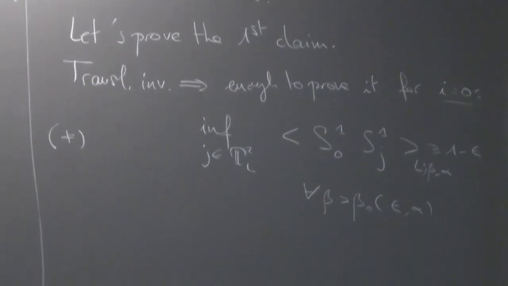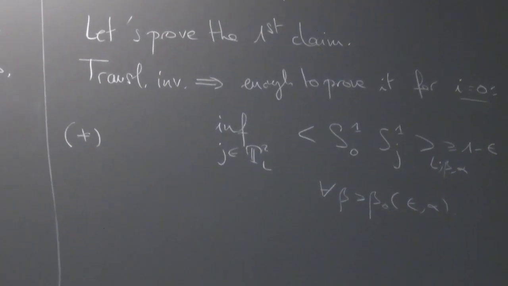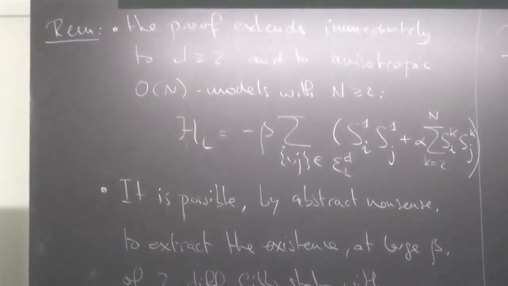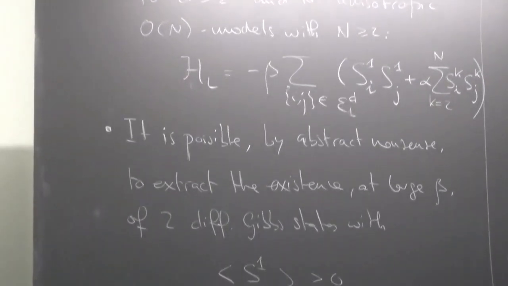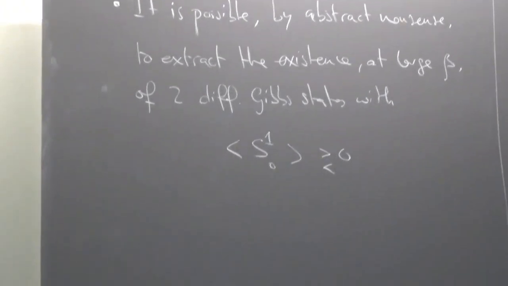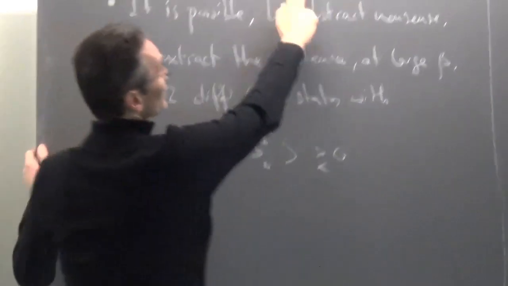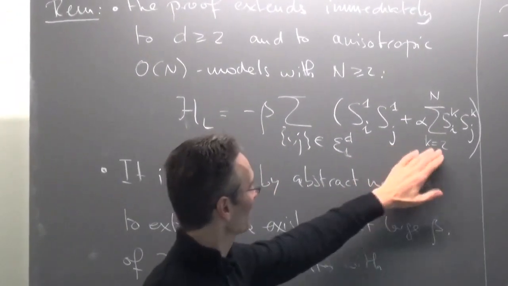So why is the result of the theorem somewhat plausible, at least? Let's look at the ground states of the model, so the configurations with minimal energy. What are the ground states? If you look at the Hamiltonian, let me just write it, in the case where k is equal to 2.